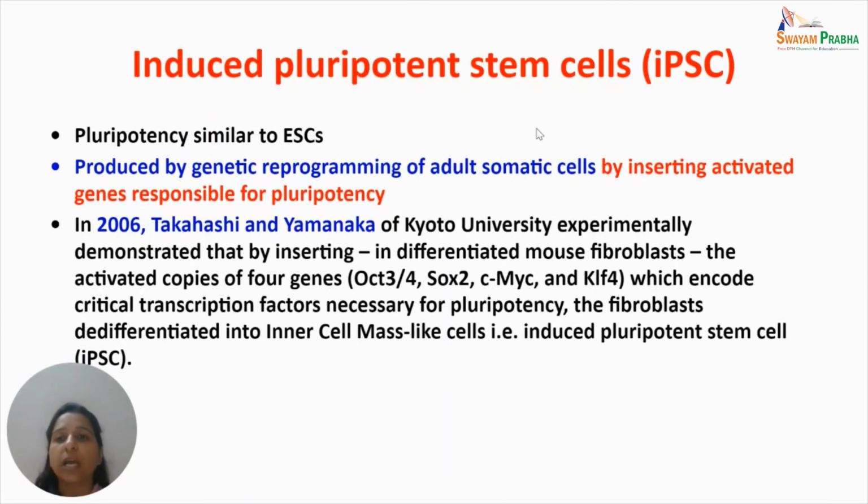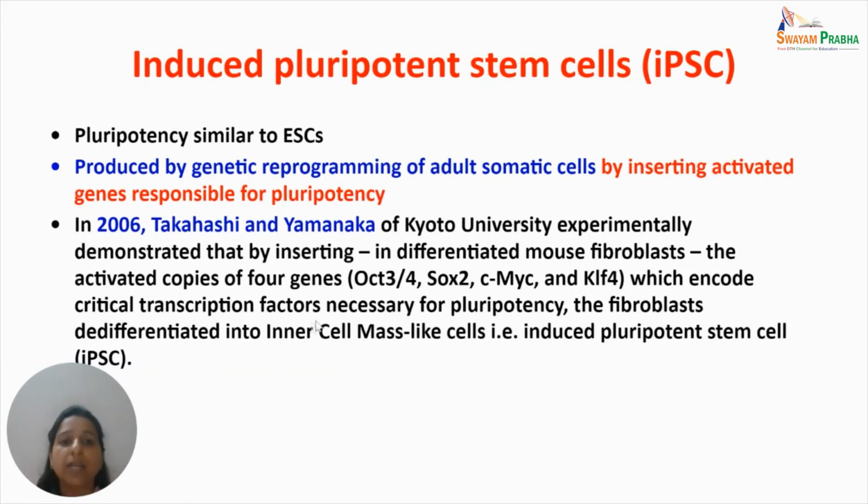And this is what Takahashi and Yamanaka of Kyoto University did in 2006. They experimentally demonstrated that by inserting the activated copies of 4 genes, OCT3 or 4, SOX2, CMYC, and KLF4, which encode critical transcription factors necessary for pluripotency, into differentiated mouse fibroblasts, those mouse fibroblasts were able to de-differentiate into inner cell mass-like cells.